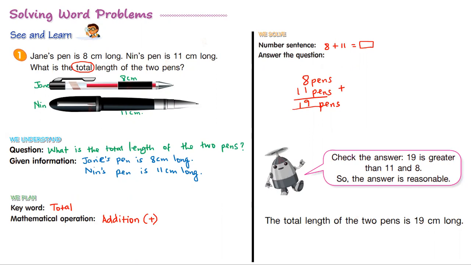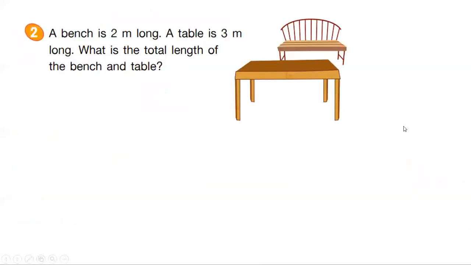Then after reading and understanding, you plan. How do you plan? Get the total, which is the key word. Know the mathematical operation, which is addition. Then solve the problem. Get the number sentence and answer the question. Check if your answer is correct. That's all. Now, let's have another example.